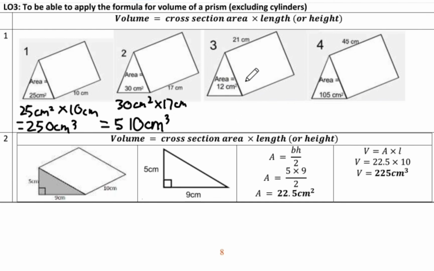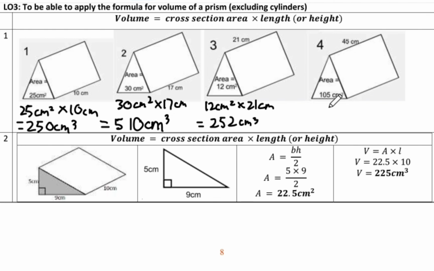For the third prism, 12 cm squared multiplied with 21 cm would equal to 252 cm cube.